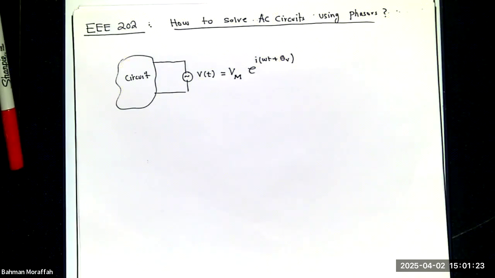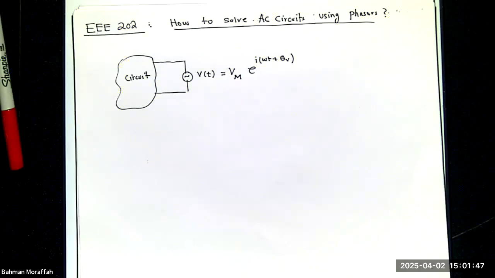By that, I mean I have a sine wave as my source, right? Do you agree this is a sine wave? Yes? Remember, e to the j whatever is always cosine of that whatever plus j sine of that whatever, right? So this is indeed a sine wave, right?